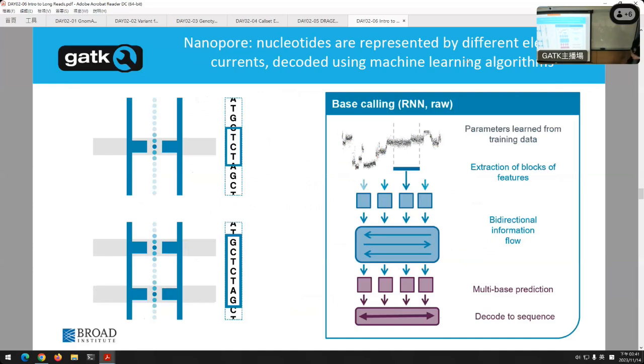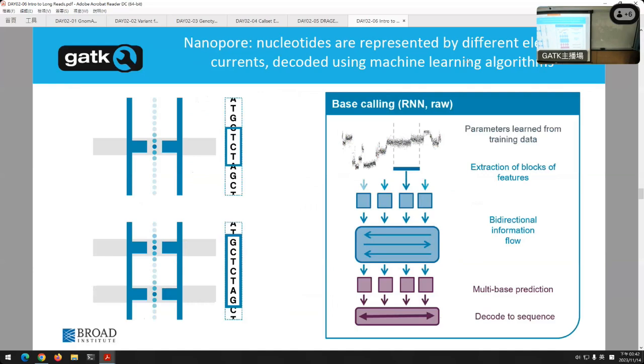Of course, the reality is always a little bit noisier than that idealized diagram. You can see some real data. It's a little bit messier. So actually, Oxford Nanopore has developed machine learning algorithms to be able to denoise that data and perform their base calling.